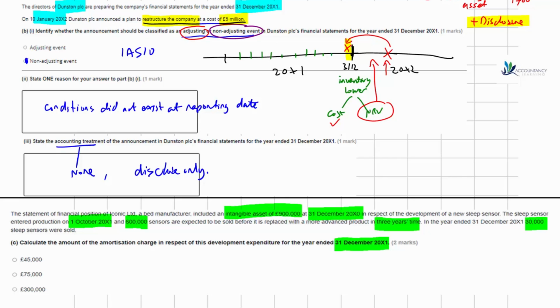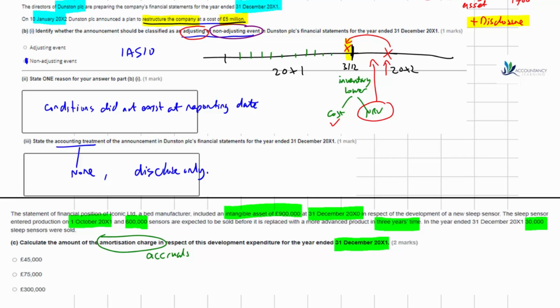So in this particular question, we're working out the amortization charge. And remember that amortization is the application of the accruals concept. And the accruals concept tells us that we should recognize our expenses and income when they are incurred, rather than when we actually spend the money.